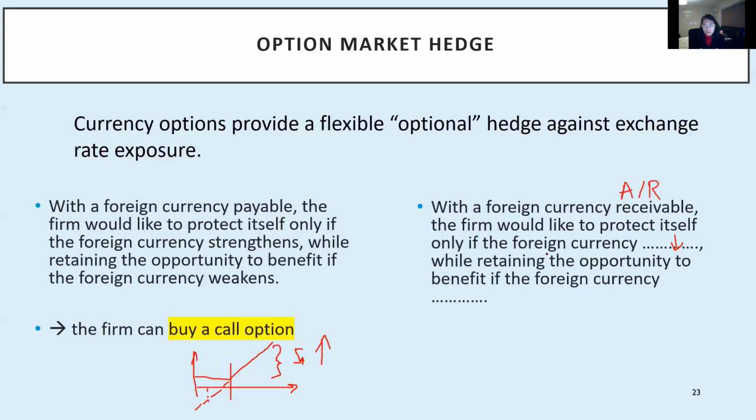So here the downside risk for me is the foreign currency is going to depreciate, and in which case I want some protection, okay? At the same time, I want to leave my position open to benefit from the currency appreciating, okay? So in this case, it's the opposite to the previous case.